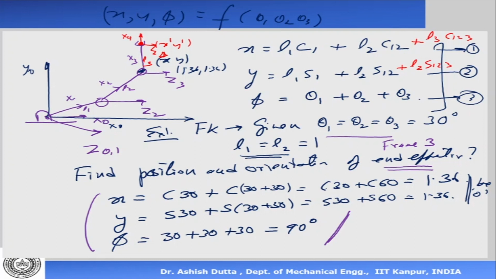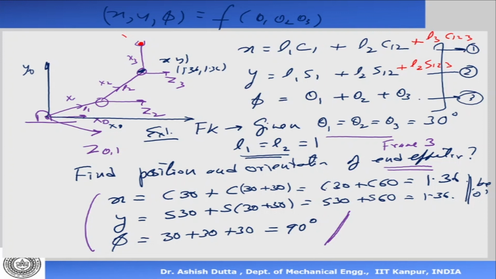Now in this particular case, we have found the position and orientation of frame 3 with respect to frame 0. That's what we have done here. So you can actually find the last frame or the tool tip also, by assigning one more frame.